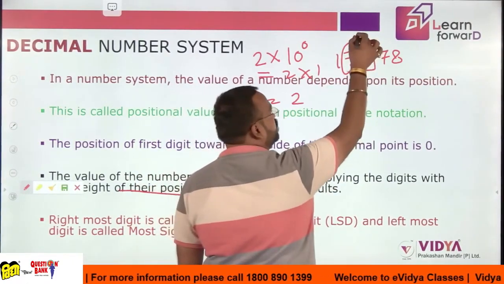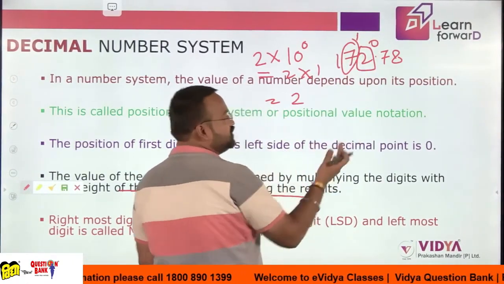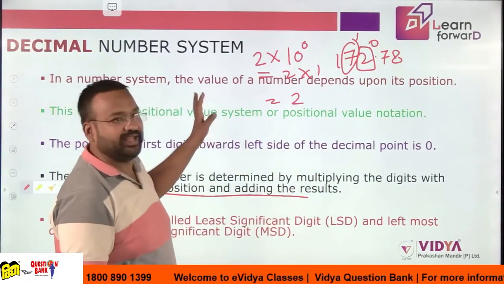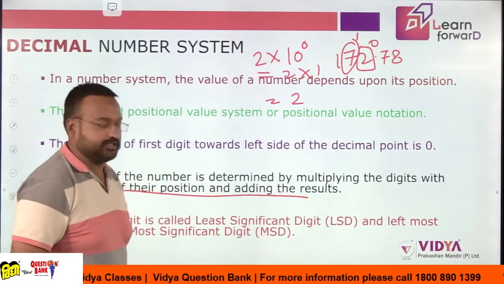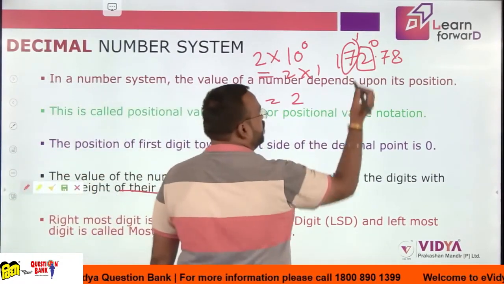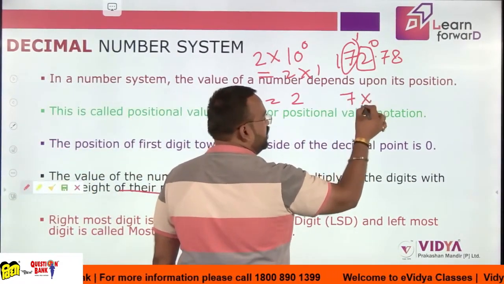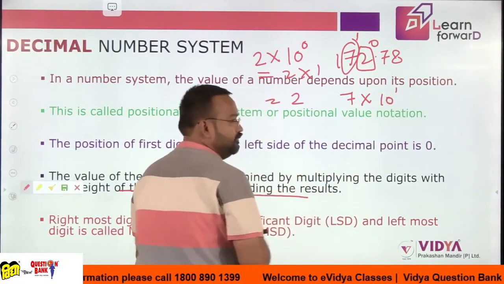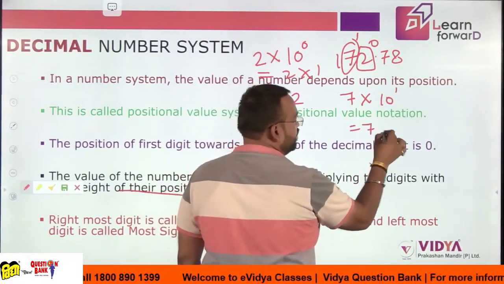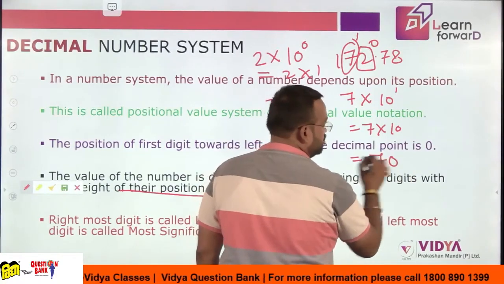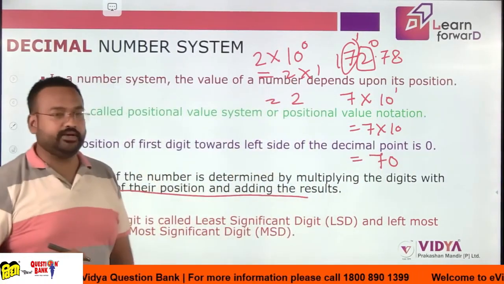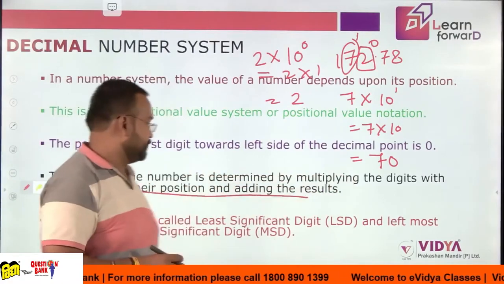The position is 1, because towards the left side it would be increasing and towards the right side it would be decreasing. So here the value would be 7 into 10 to the power 1, that means 7 into 10, which is 70. So the positional value is 70.